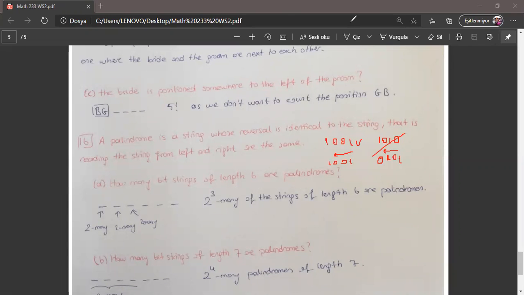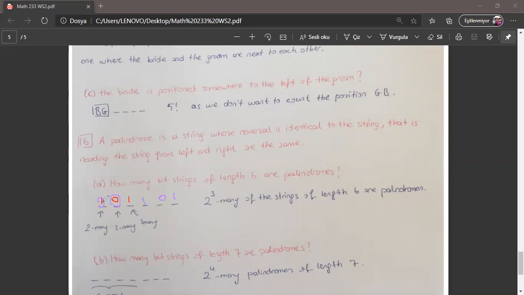So let's compute this. How many bit strings of length 6 are palindromes? If we have a palindrome, we need to read from the right the same string, okay? So if we have 1, 0, 1, then here we need to have 1 because of this, and 0 because of this, and 1.